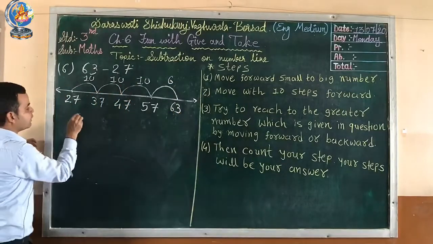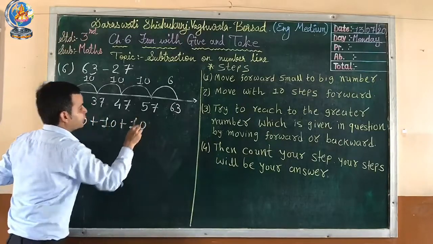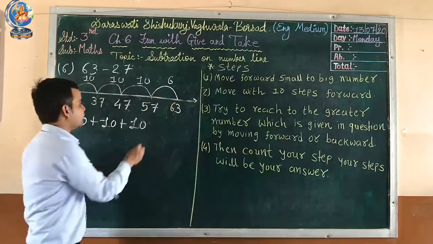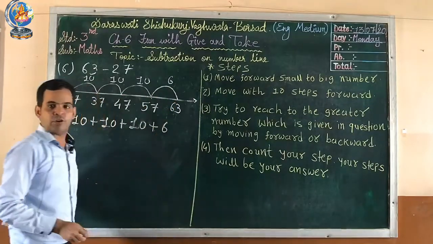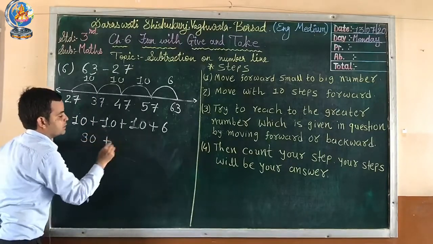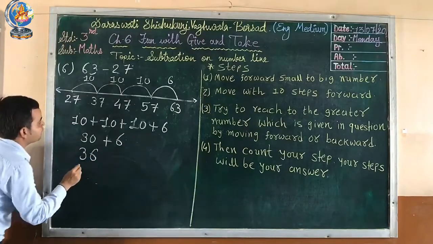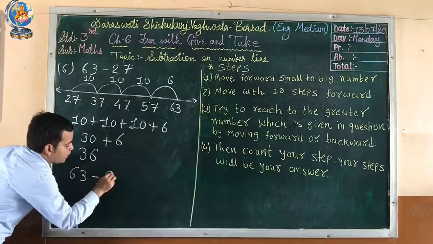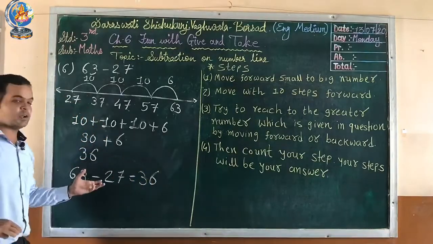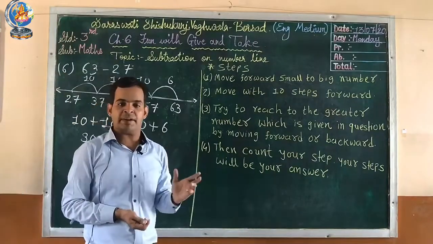So how can we write our answer? 10 plus 10 plus 10, and now we go 6 steps forward, so we write plus 6. 10 plus 10 plus 10 is 30, plus 6 is 36. So 63 minus 27 is equal to 36. Understood about this sum? I hope you understand this topic. Thank you.